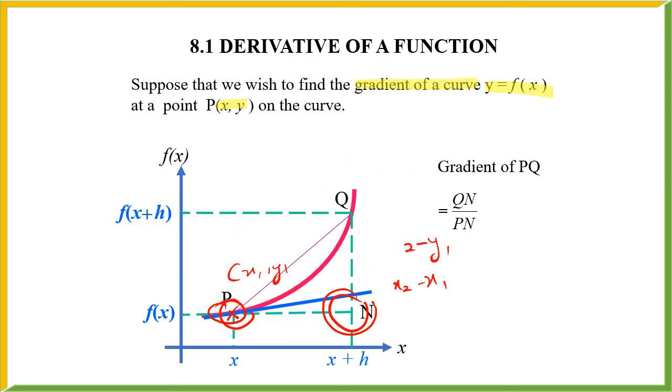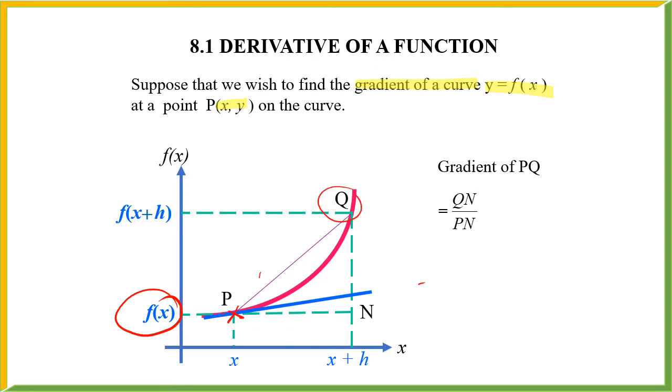But for this topic, we have f(x) at the point P itself. Point Q is a point on that same curve. If we have a difference in x of h, point Q will have x plus h as the x coordinate, and the y coordinate is f(x plus h).